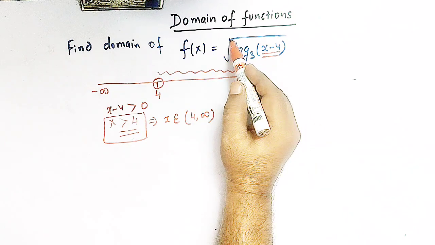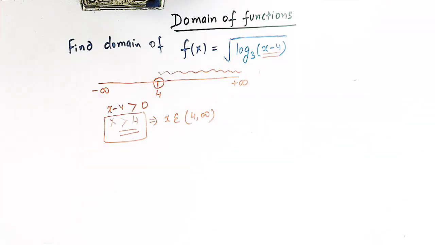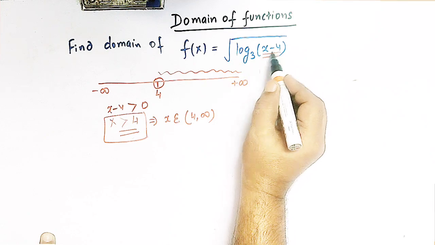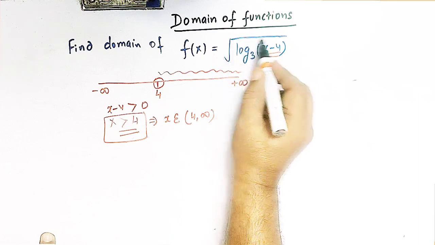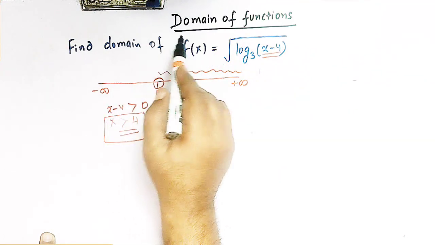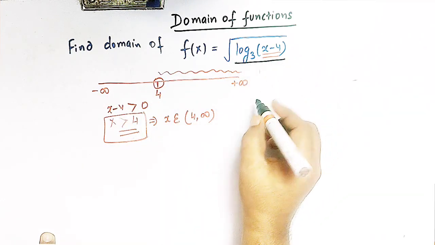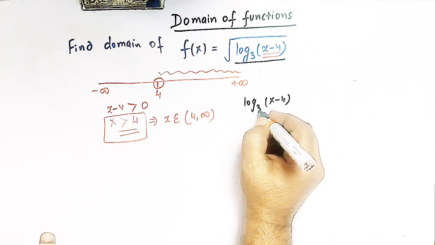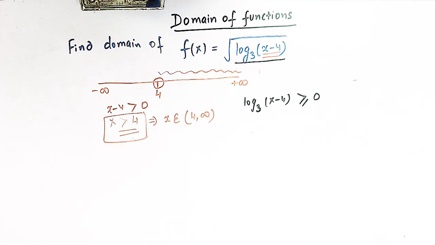Now let us see this square root sign. Consider this entire term, log of x minus 4 to the base 3, which is under this radical sign, the square root sign. The second step to define the domain of this function f of x is that this term, log of x minus 4 to the base 3, must be greater than or equal to 0.